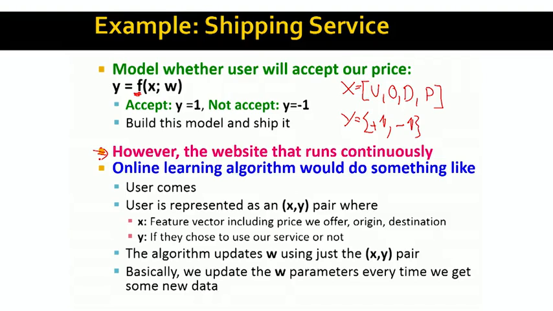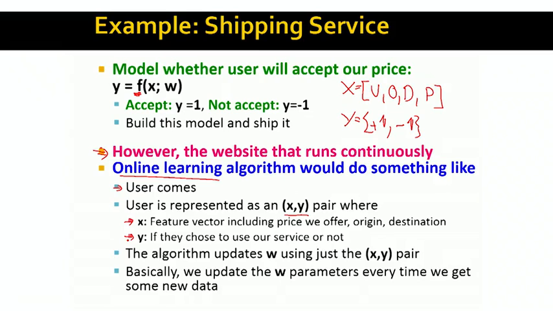So instead of thinking about training a classifier, building the model, and then freezing it and shipping it off to our website or to our store, here is how we would think of this in an online learning setting, where the idea of the algorithm would be to do something as follows. A user comes to our store. We represent the user as an X, Y pair, where X are the features and Y is whether the user chose our service or not.